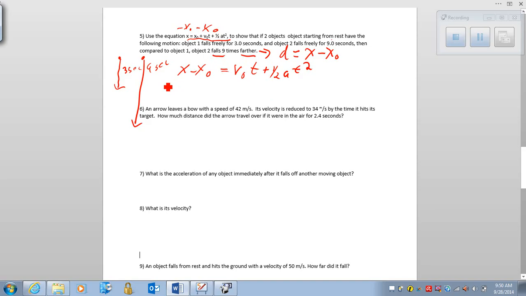Let's first take the object at 3 seconds. The object at 3 seconds, we know our initial velocity is 0 in free fall. The time is 3, plus 1/2 times 9.8 times 3 squared.